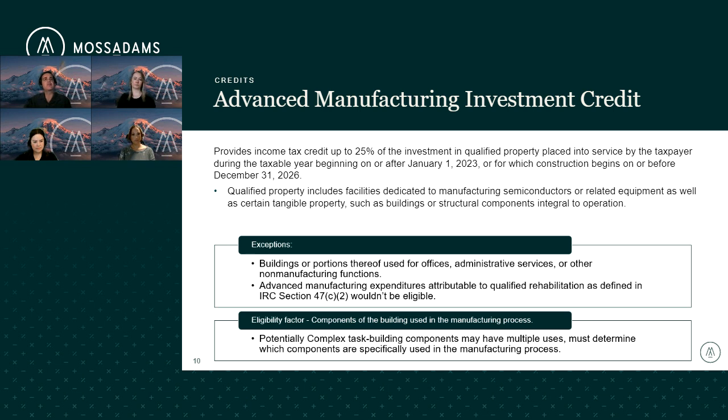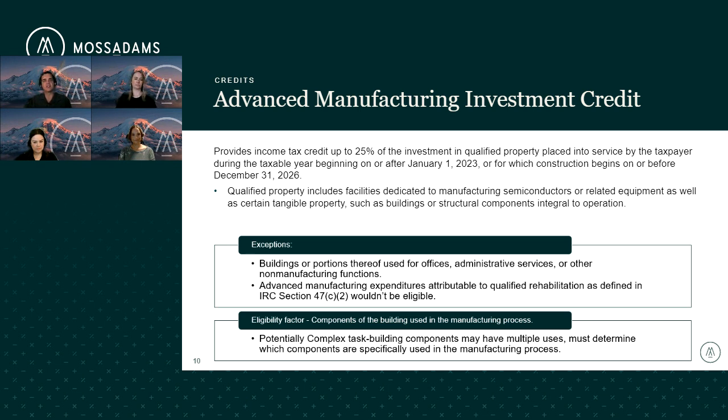So the credit's 25%. It applies to certain components of the manufacturing process. They have to be directly related to manufacturing. Those of you familiar with the other tangible property rules, which relate to being integral to a manufacturing process, that's really what this is aimed at. The exceptions: it can't be offices or administrative services or non-manufacturing purposes.